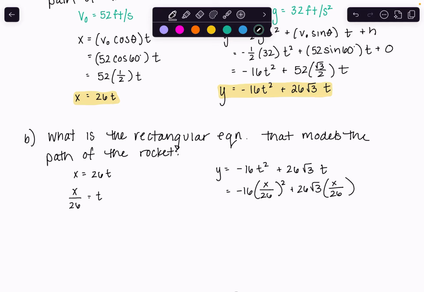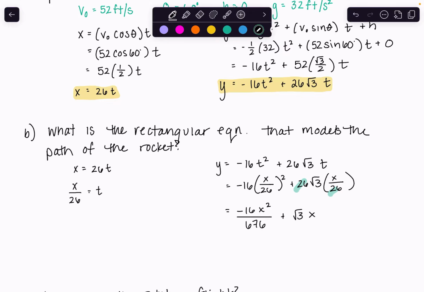over 26. And then if you go ahead and square 26, this would give you negative 16x, and in the bottom, 26 squared is 676. And the x should be squared as well. Thankfully, at least here, the 26 divided by 26 cancels, and we're left with root 3x.